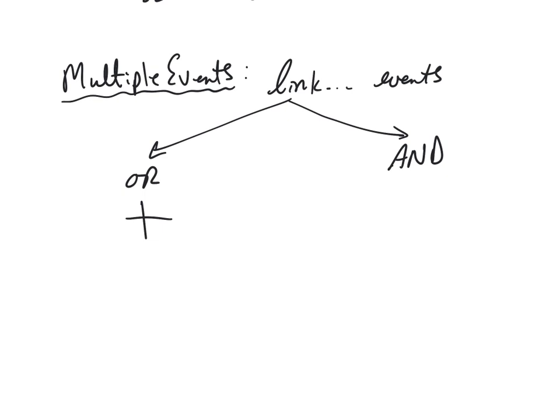Whenever we use the word and to link events, either in counting or later on in probability, the operation that we perform is multiplication. So I need to make sure you have those 2 connecting words, or and and, and the operations that go along with each of those.